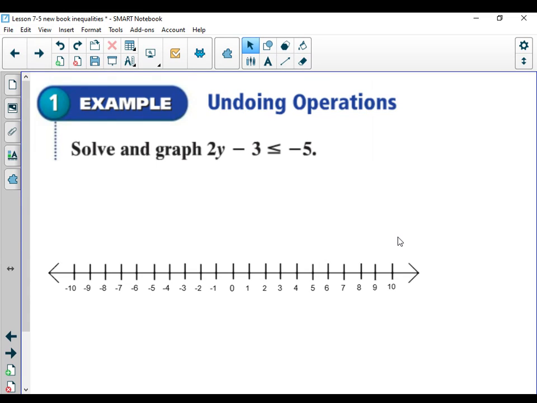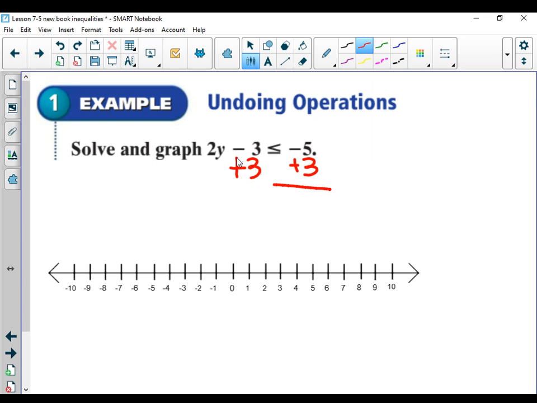Minus 2y minus 3 is less than or equal to negative 5, we are going to add 3. Did you find it? Are you writing? Cross out those 3s, I don't need them anymore.